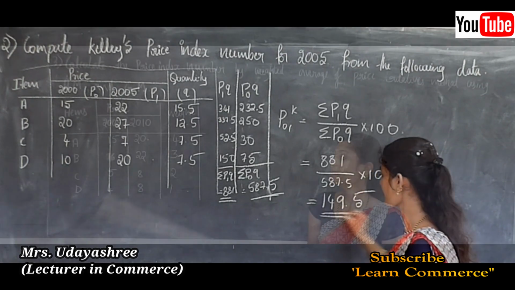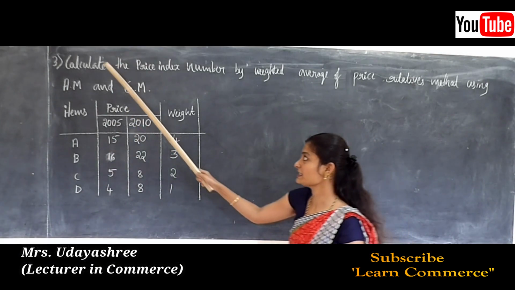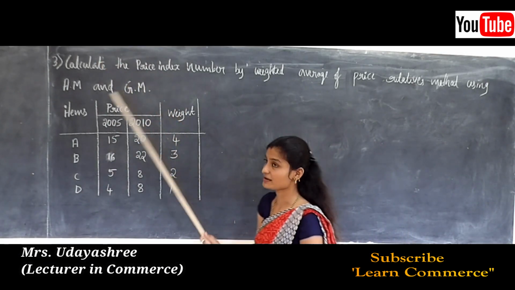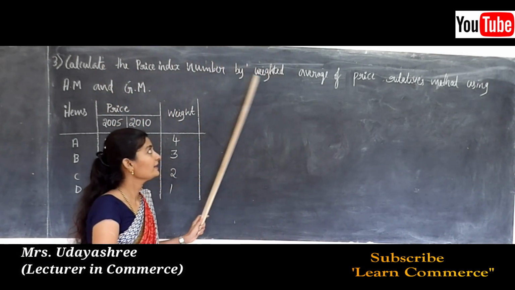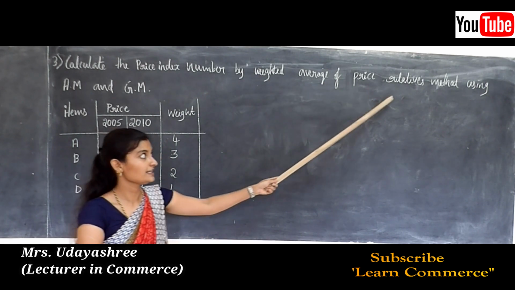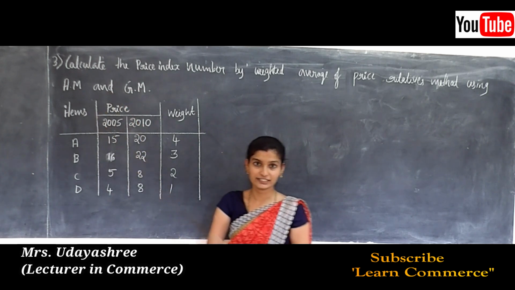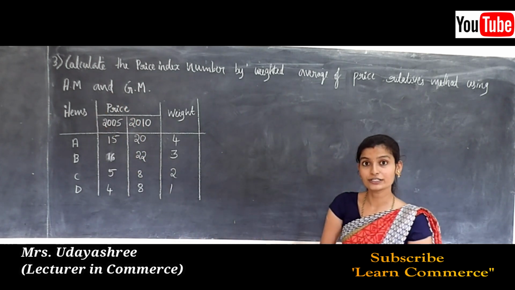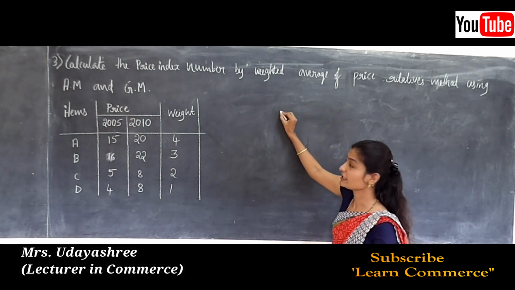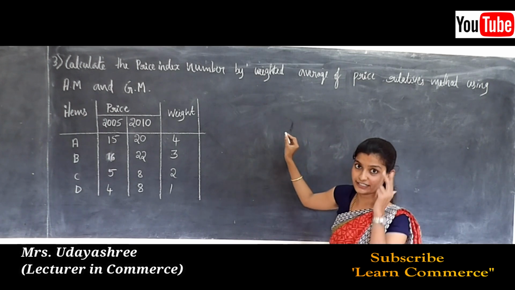149.5. Let us see the next problem, that is calculate the price index number by weighted average of price relatives method using arithmetic mean and geometric mean. We have already studied how to calculate weighted arithmetic mean and weighted geometric mean.